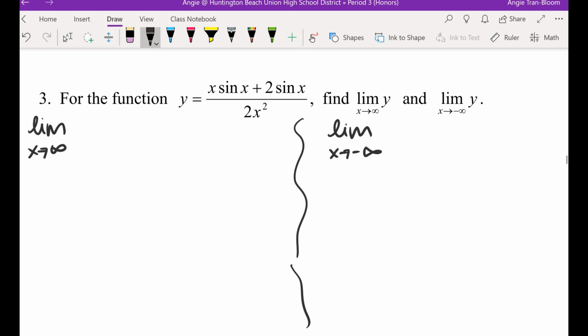Interesting. We're getting closer to something.